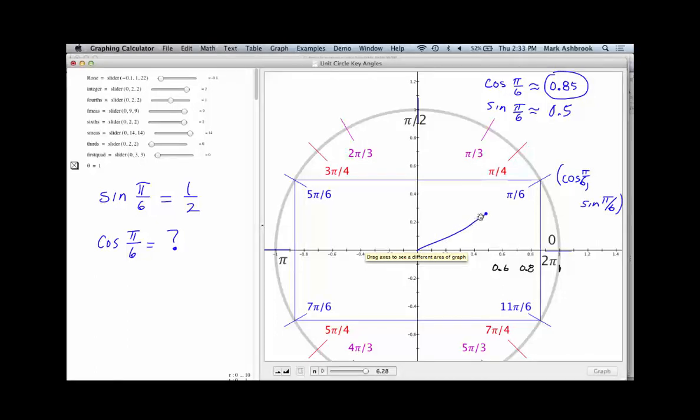So you should have made this triangle. That's the triangle you should have made.